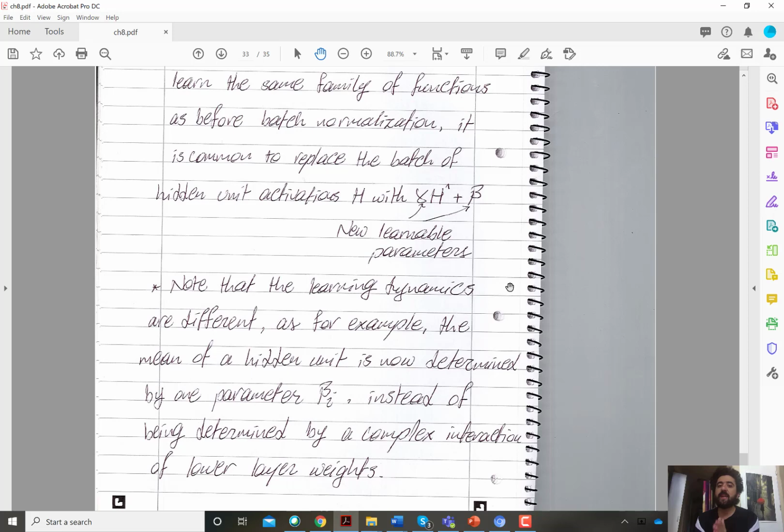Instead of the mean of the output, let's say of one unit at the output of the 9th layer, being dependent on all the parameters before the 9th layer, from the first layer up to the 9th, that mean depends on just one parameter that is updated directly.